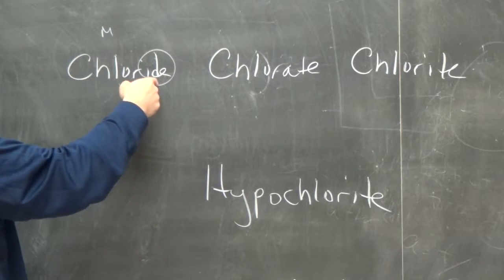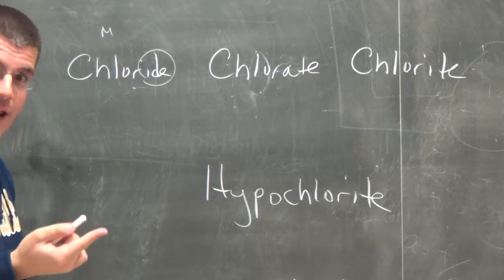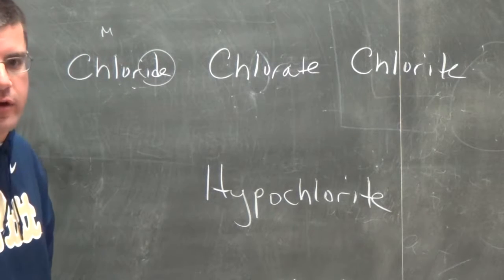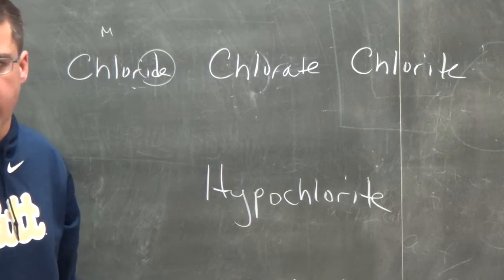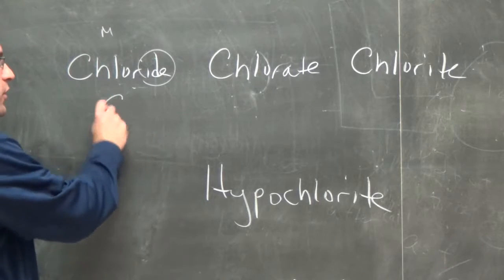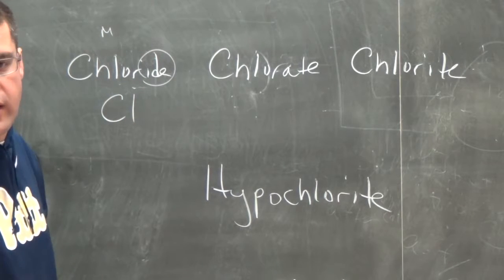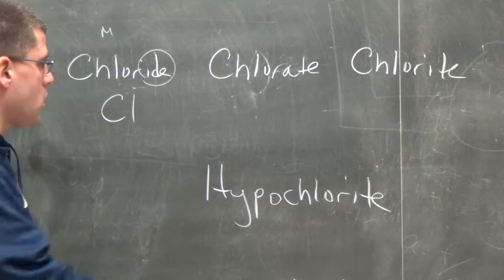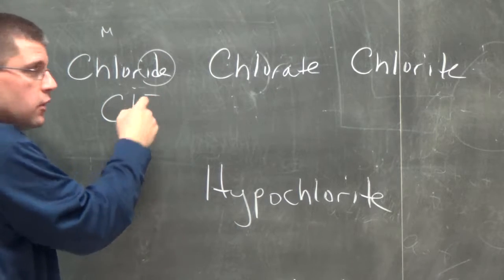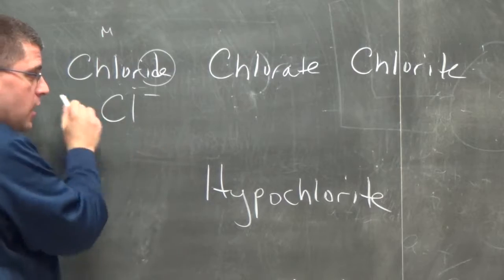I better use a periodic table. It's a halogen. Group 17, 7 valence electrons. All I want in science is a full outer shell. How am I going to get a full outer shell? I have 7, I need 1 more. Anion. So chloride, I better use the periodic table.